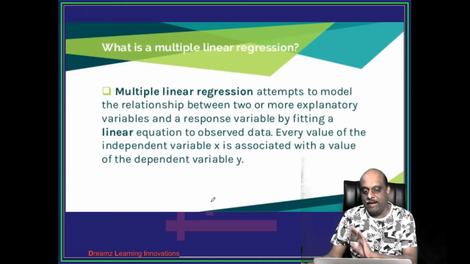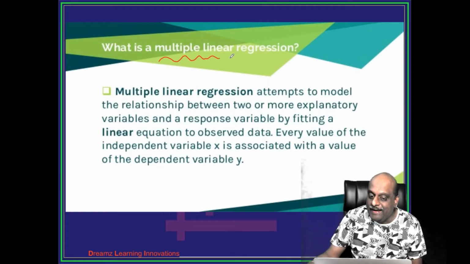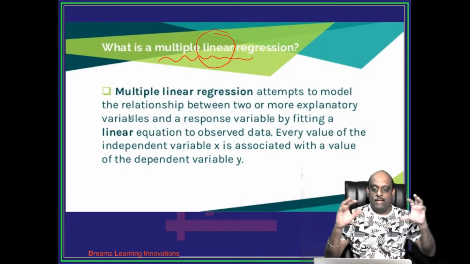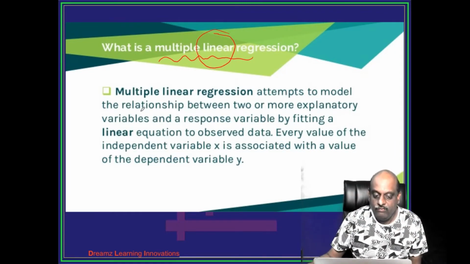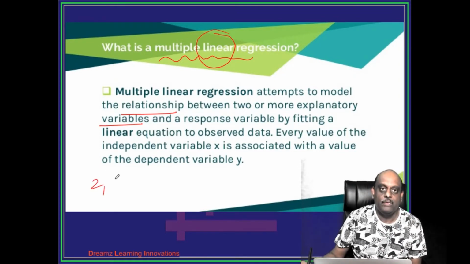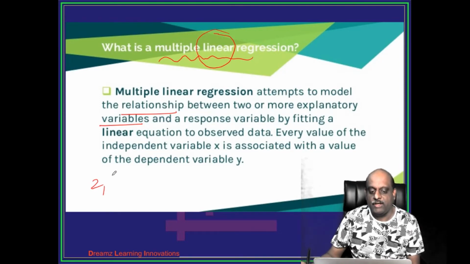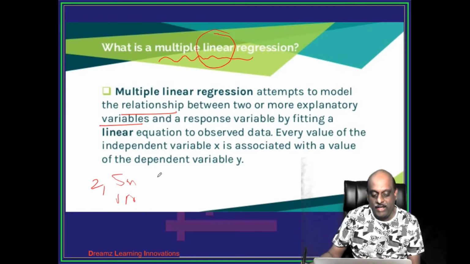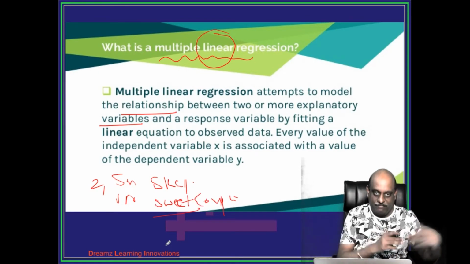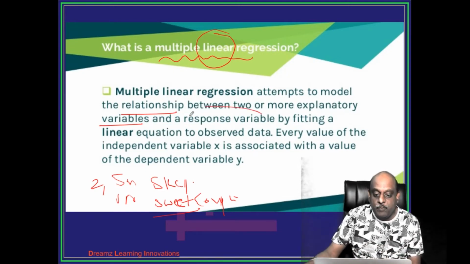So multiple regression. What is multiple linear regression? Basically it is a model which looks at the relationship between two or more explanatory variables, like smoking, drinking, quantity of sleep, a sweet, supportive, beautiful companion in life, multiple factors, and a response variable.